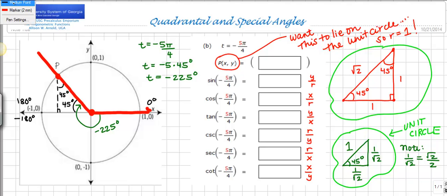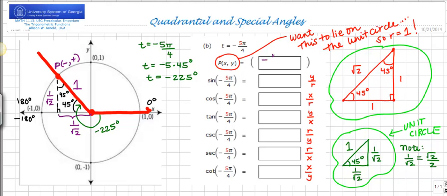So basically what we're going to do is look at the radius here being 1, the distance between the origin and the point, and look at the values relative to that for the sides of the triangle, and notice that we're in a quadrant where the ordered pair would be left and up.